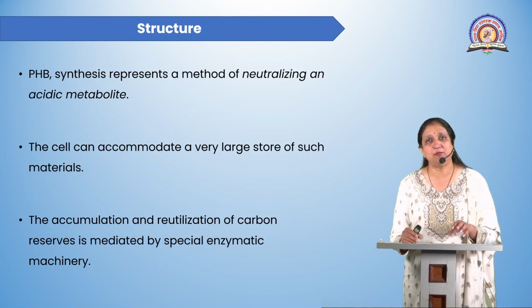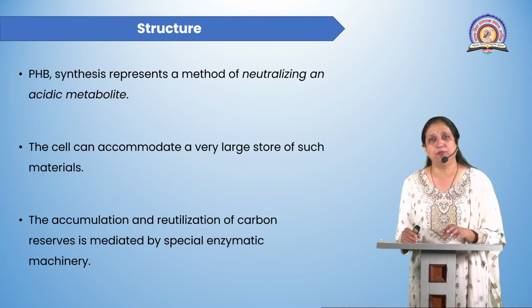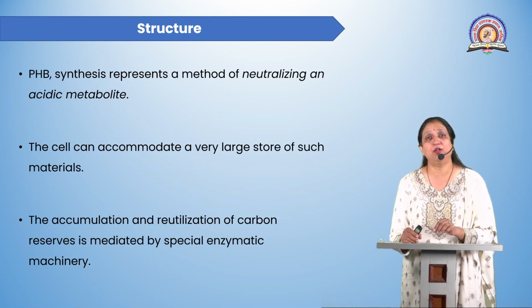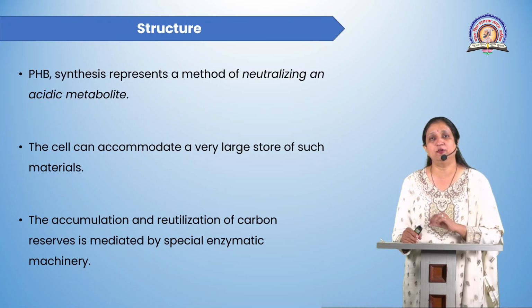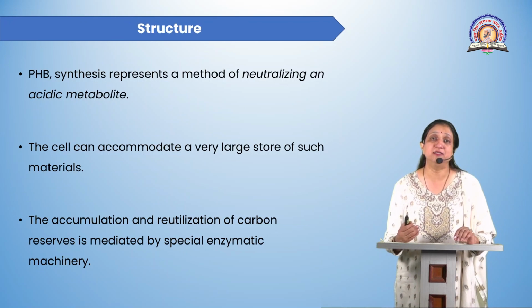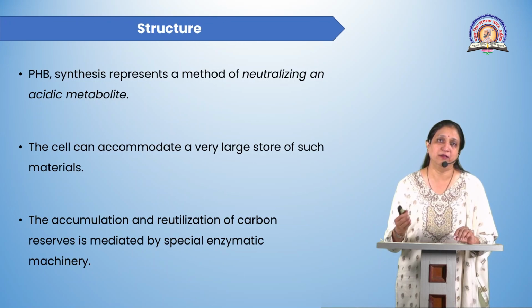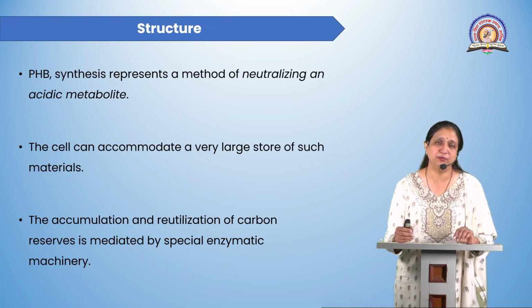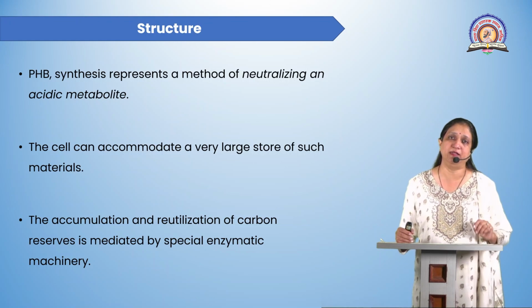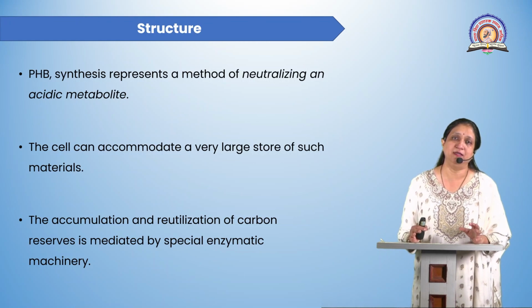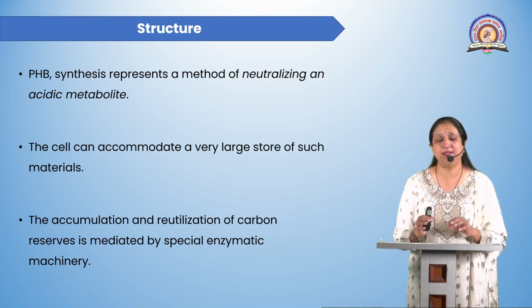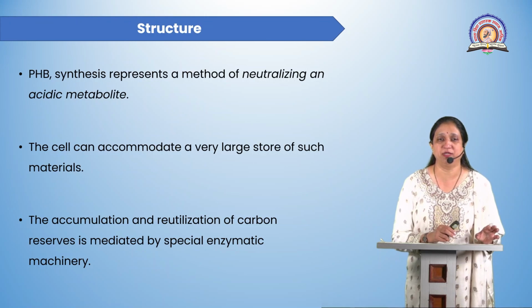Now, this carboxylic group of the butyric acid is utilized in the formation of the poly beta hydroxybutyric acid granule, and therefore this charge is neutralized on the granule, and thus because of the neutralization of the charge on the granule, the granular content usually has a less acidity as compared to the individual molecules of butyric acid.